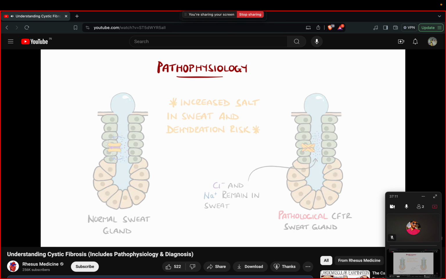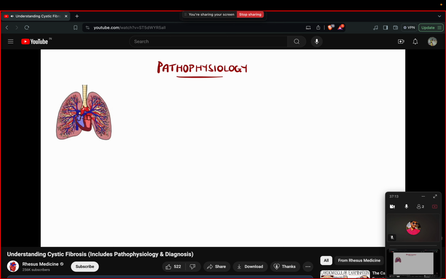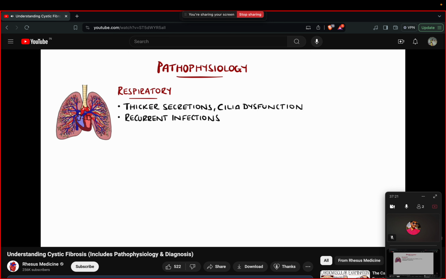In the lungs, the CFTR dysfunction can mean stickier mucus that is more difficult to clear for the cilia, leading to mucus plugging and a breeding ground for recurrent infections, particularly Staphylococcus aureus early on in life and Pseudomonas aeruginosa, colonizing 60% of adults later on.